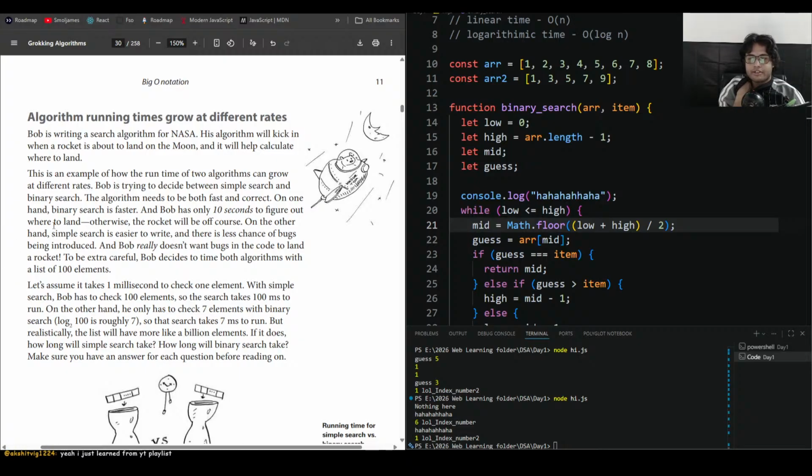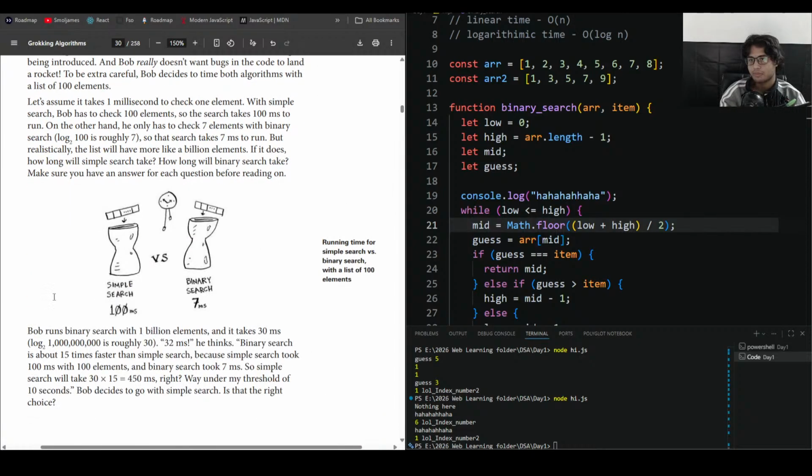On the other hand, simple search is easier to write, and there is less chance of bugs being introduced. And Bob really doesn't want bugs in the code to land a rocket. To be extra careful, Bob decides to time both algorithms with a list of 100 items.